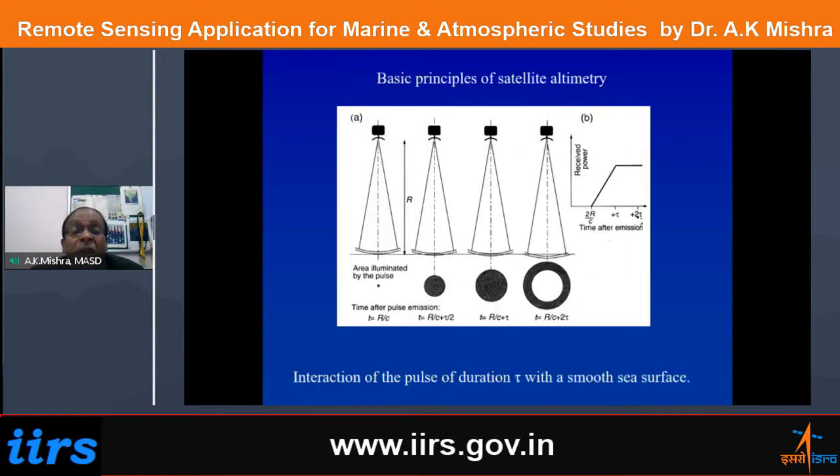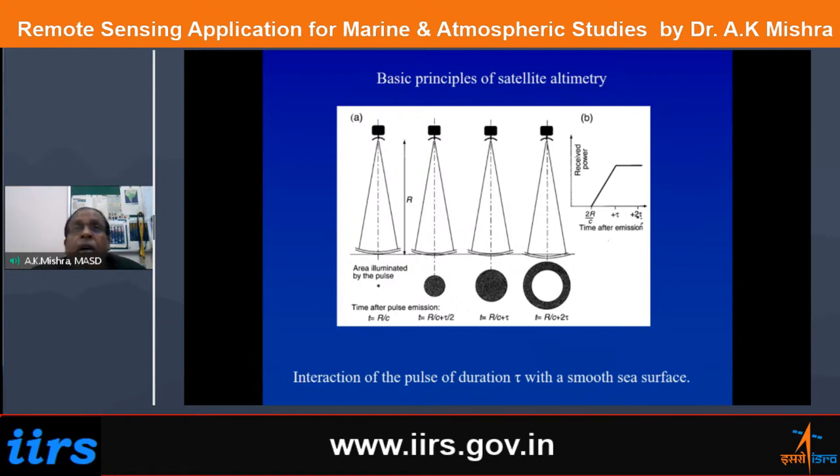So normally, this shows you the basic principles of satellite altimetry. A pulse is sent to the ground, and if the sea surface is flat, you get a return with a flat shape. But the sea surface is never flat, it is a hypothetical surface.